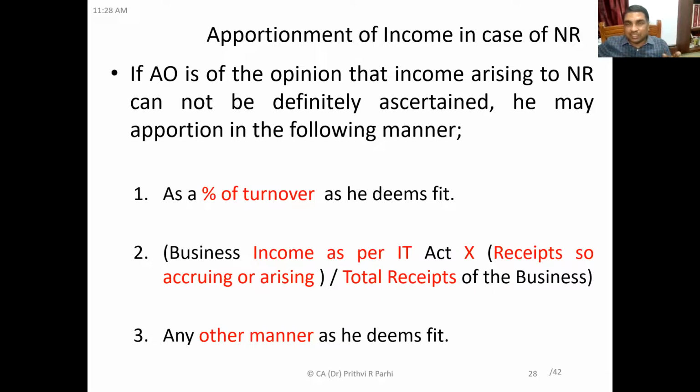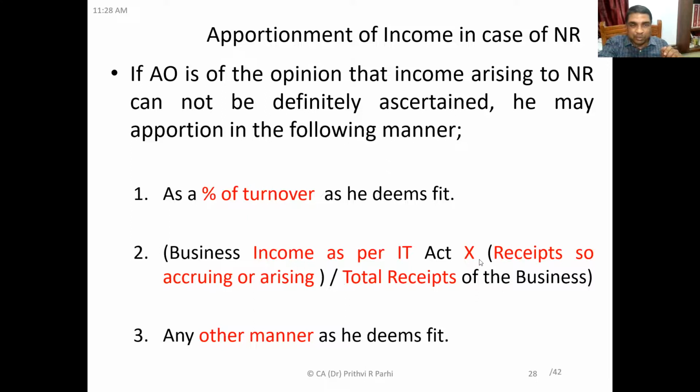Let us say there is a business, there is some profit which needs to be distributed, Indian profit or foreign profit. Then the assessing officer may do it in the following manner: as a percentage of turnover, or by applying this formula: business income as per Income Tax Act, total business income, multiplied by receipts so accruing or arising in India, divided by total receipts.